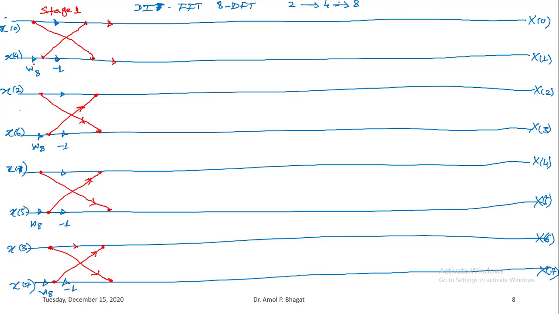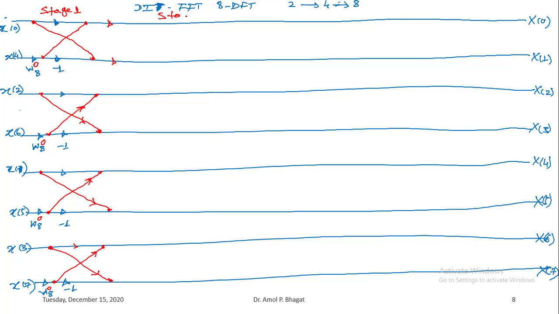So the twiddle factor that you will be using will be W80. Everywhere the twiddle factor will be W80, because you are computing 2 point DFTs here.